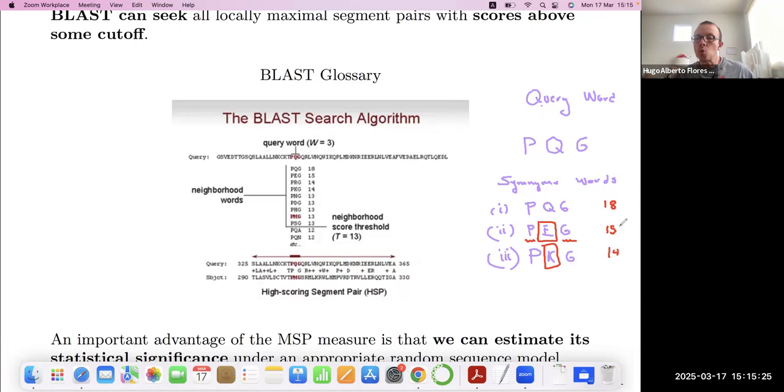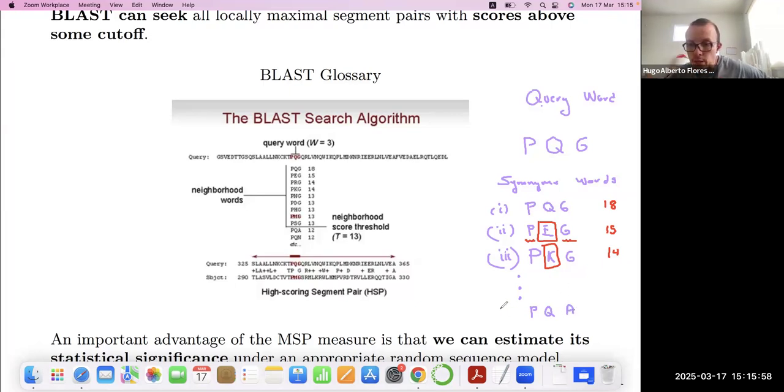So you can see that the score here can be decreasing, and at some point, if I continue considering other neighborhood words, I can find some words that now are producing a very low score, or not necessarily very low, but for sure not as high as the one that I got.